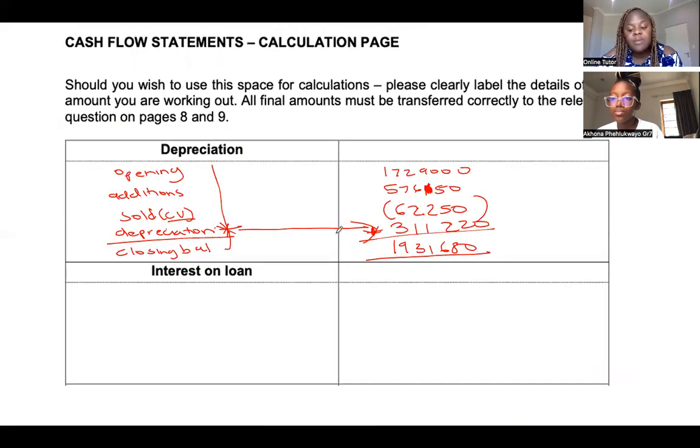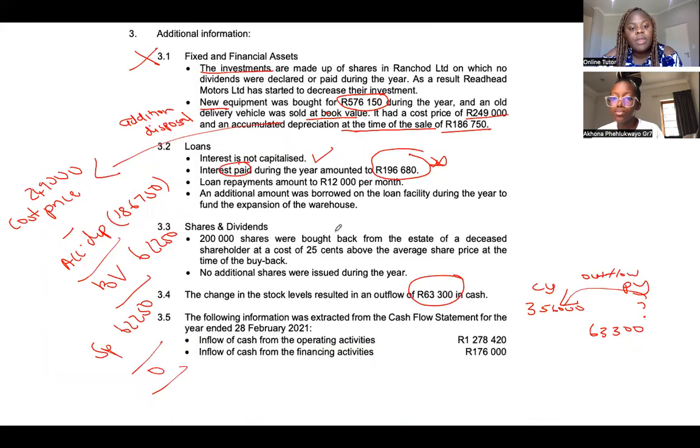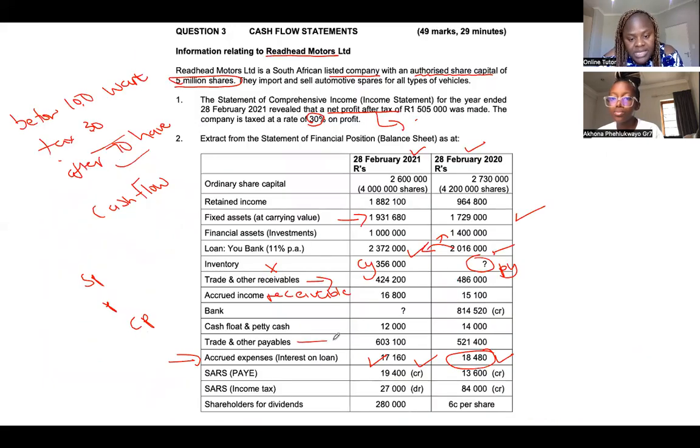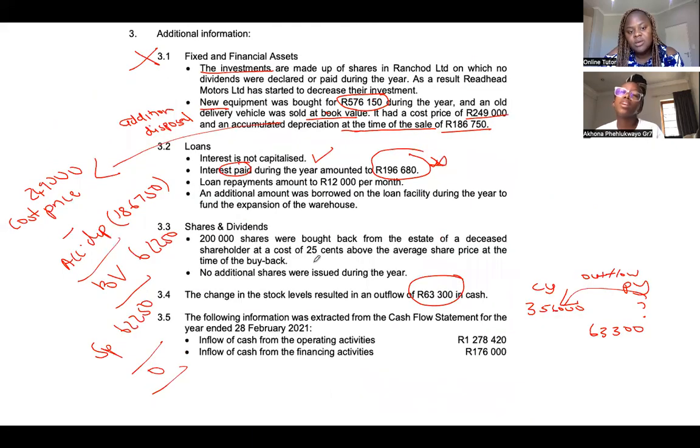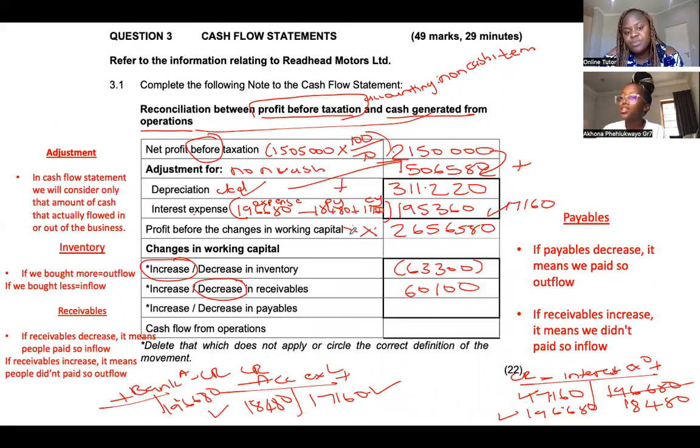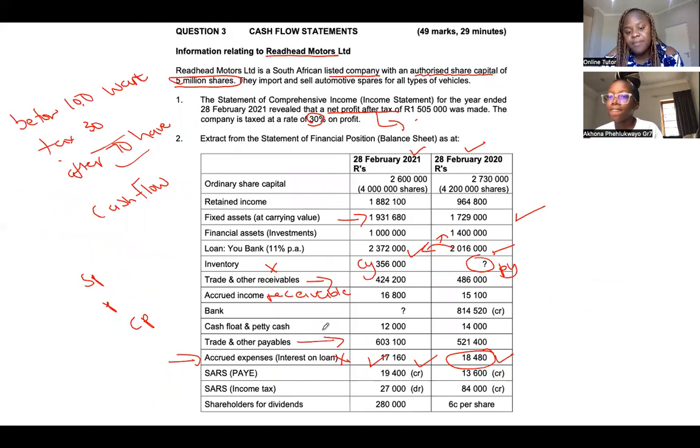All right, so our payables is here. Anything else we should take into account? Accrued expense? Yes. Should we? Is it part of our working capital? We've already taken that into account in the changes before working capital. So do you agree with me? What are payables?